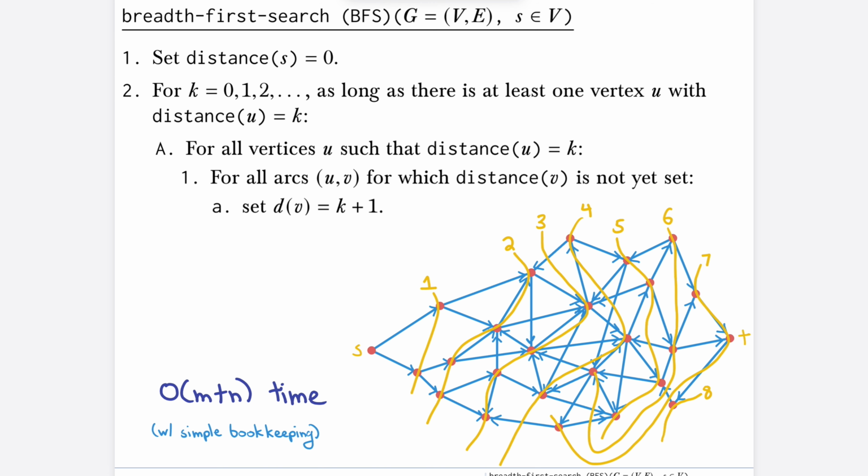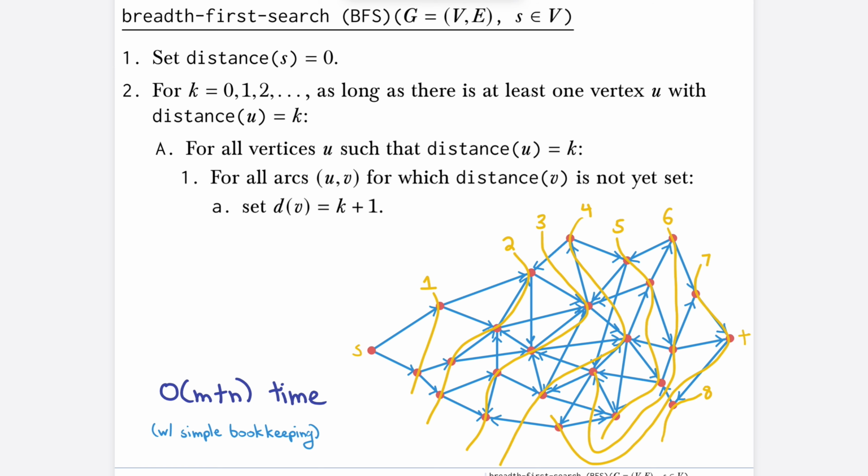Here what we're doing is assigning distances as we go along, and those are acting as our marks. So when something has already been assigned a distance, I really don't have to revisit it. If you do it layer by layer, it's sort of clear. And so it's not so hard to do this in m plus n time.